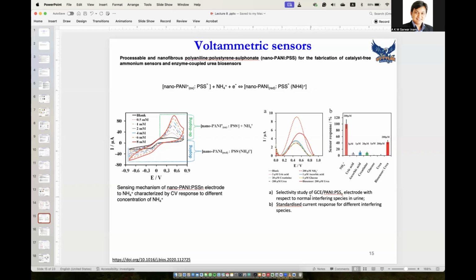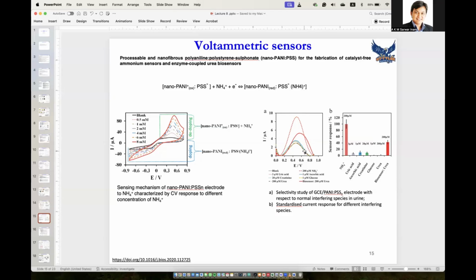The figure shows the nanoPANI PSS sensor had a relatively high signal response for the red dotted one, this one for ammonium, while the signal response from other interfering molecules were similar to the blank, like this one.